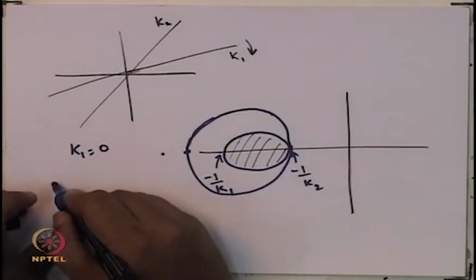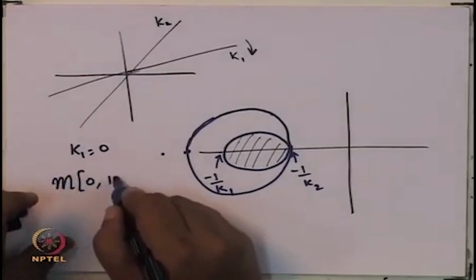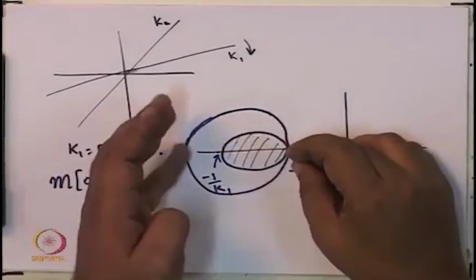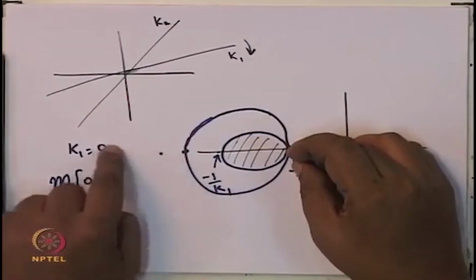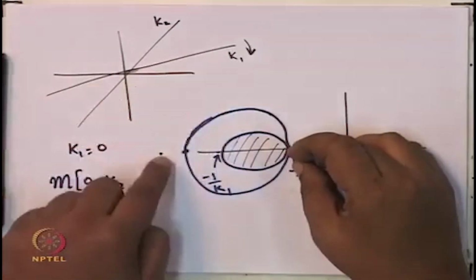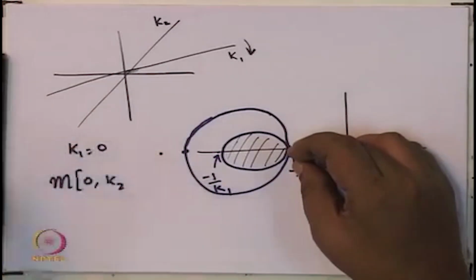That means now you are thinking of the nonlinearity in the sector 0 k2. Now, what is going to happen here? This circle, that point minus 1 by k1, is becoming larger and larger until when k1 becomes 0, this value of minus 1 upon k1 becomes minus 1 upon 0, that is infinity.